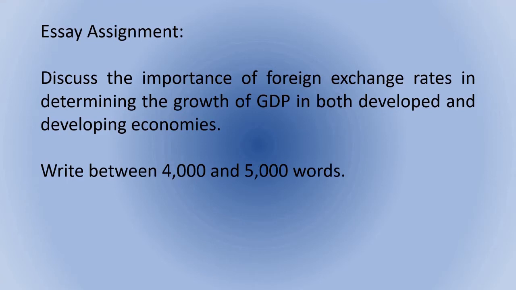Right. Let's just imagine we've got two students. The first student writes 5,000 words. They're a keen student, they're a good student. They say, oh, well, it says between 4,000 and 5,000. I'm going to be at the top. I'm going to write 5,000 words.